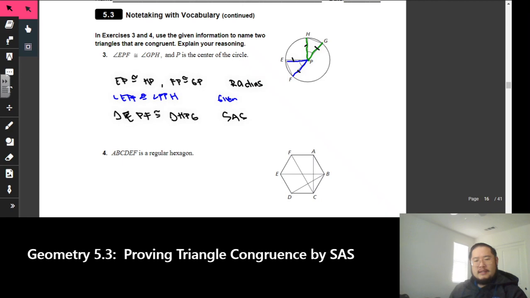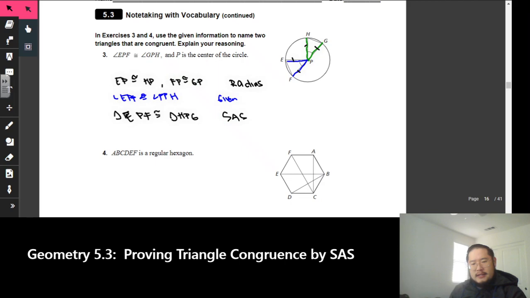All right, next up, we're trying to explain right here. We know that this hexagon, ABCDEF, is a regular hexagon. So that's great. Let's see what 2 triangles we can go ahead and prove to be congruent. I look right here.